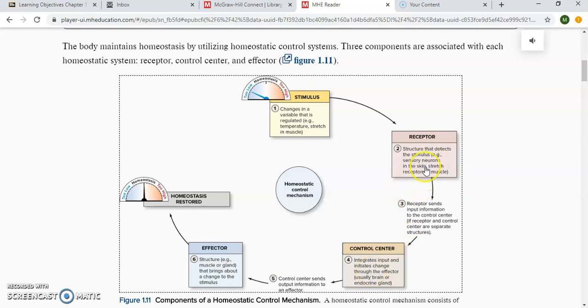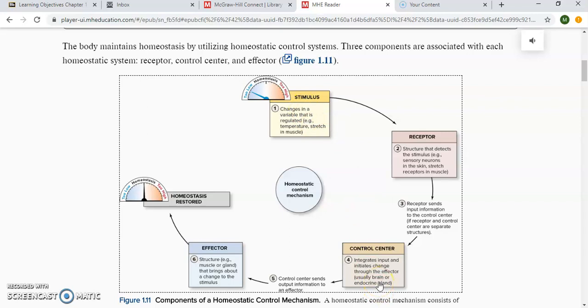Once the receptor detects that there's a change in a parameter, it'll tell the control center. And then the control center's job is to take that information and process it. We use the word integrate that information. And then it needs to make a decision and initiate the signal to tell some other part of the body to do something about this change, because we're getting away from set point. So the control center is going to essentially control the response to this change in stimulus or change in the parameter.